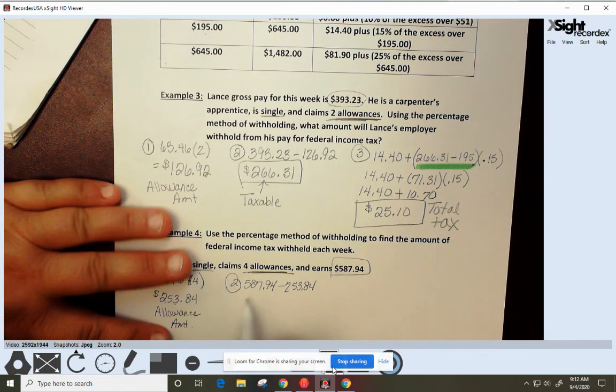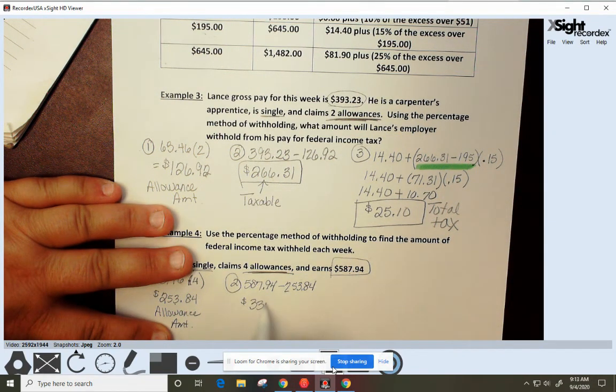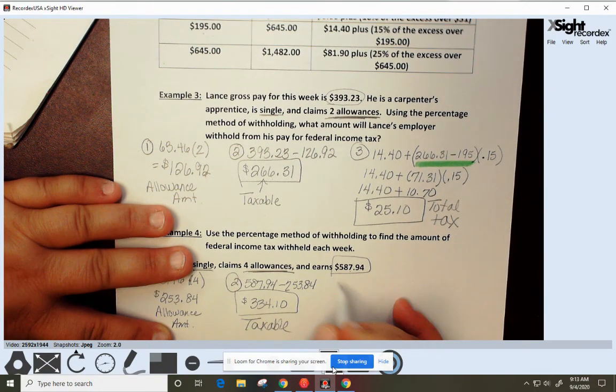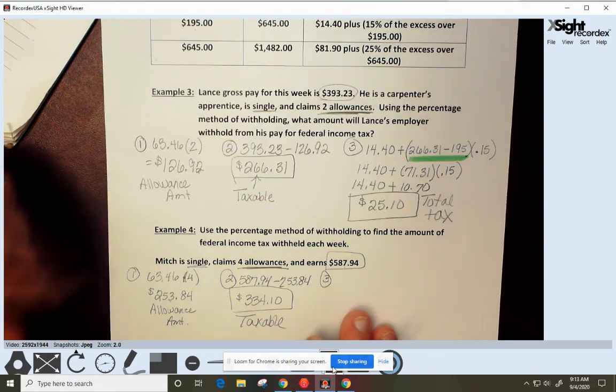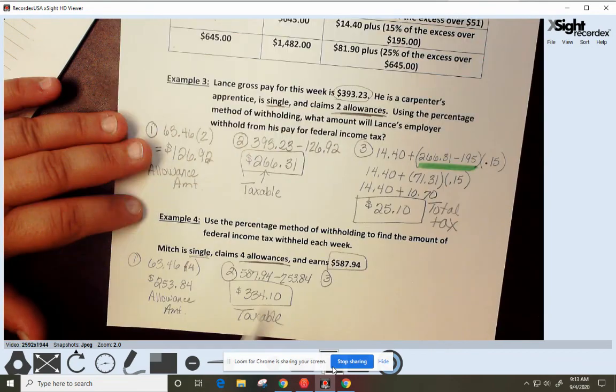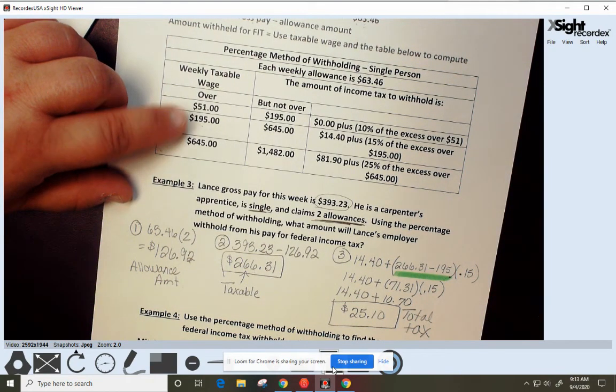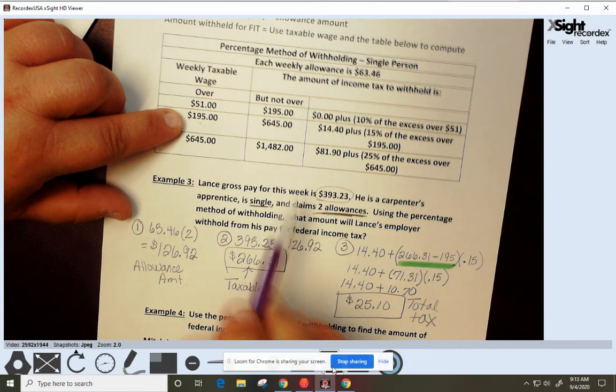So they're going to have $334.10 that is taxable money. That's your taxable amount. So step 3, go to your table. I need to know where 334.10 falls. Well, 334.10 is more than 195, but less than 645.